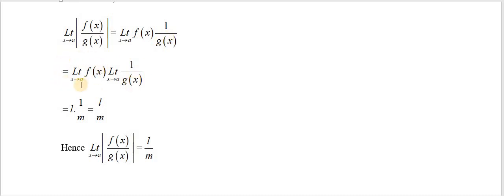We know limit x tends to a f of x is L. This one, just now we proved, equal to 1 by m. 1 into L is L, L by m. Finally, limit x tends to a f of x by g of x equal to L by m. So the 4 properties of limits of a function are completed. That means algebra of limits completed.